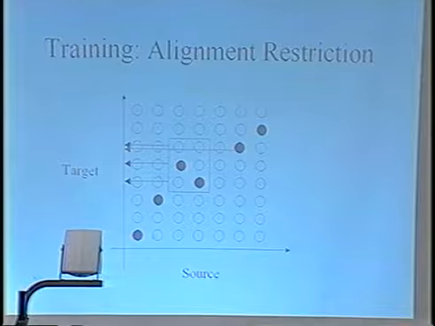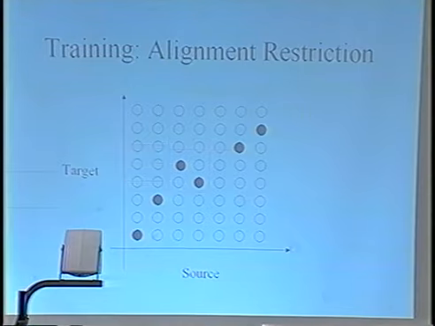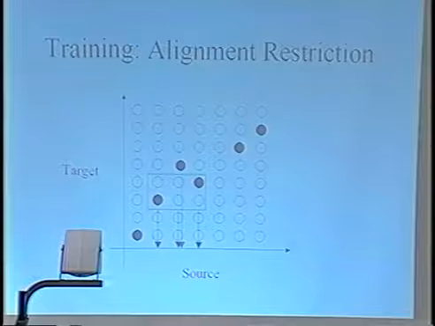So this anchor point is not included in the block. It's not included in the target clump. So I will discard this block. Similarly, this block is discarded because this anchor point is not included in the source clump.